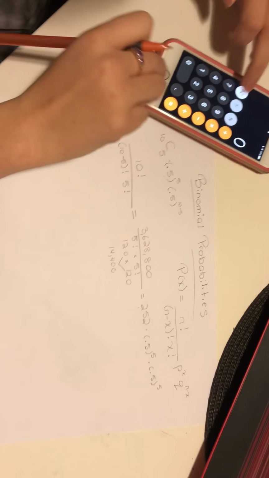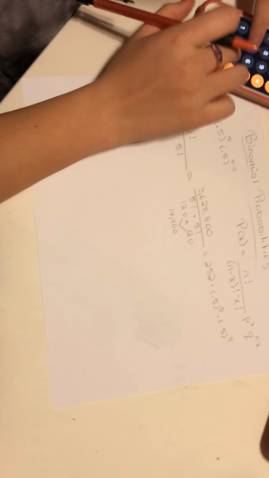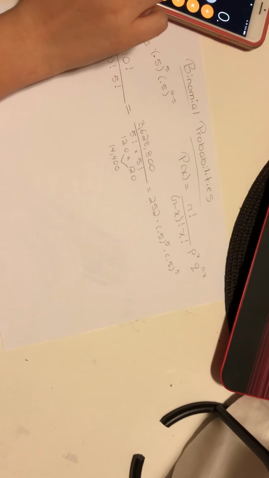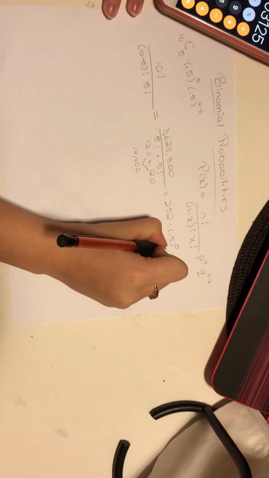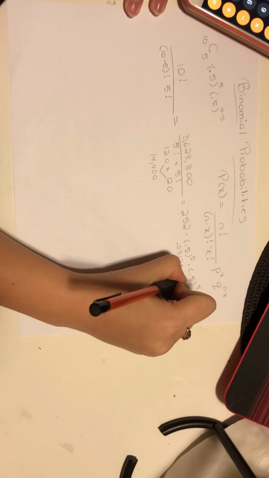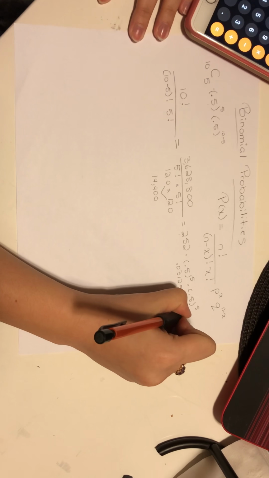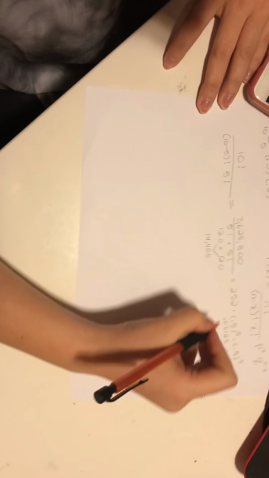So 0.5 to the 5th power is 0.03125. And I will not round the numbers when I multiply this, because I want to get an exact answer for us.